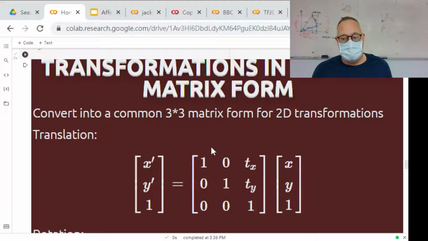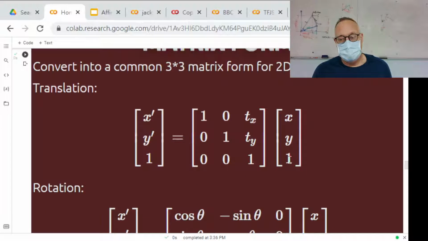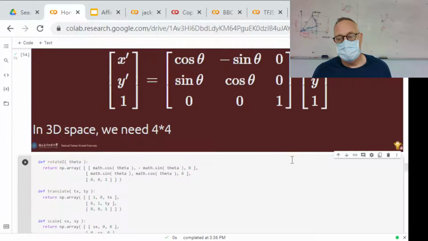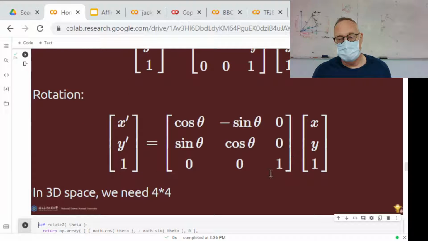But by using this, I can convert it to a 3 by 3 matrix where I simply add a 1 to each coordinate, and then I have an extra row 0, 0, 1 here, and similarly for rotation.